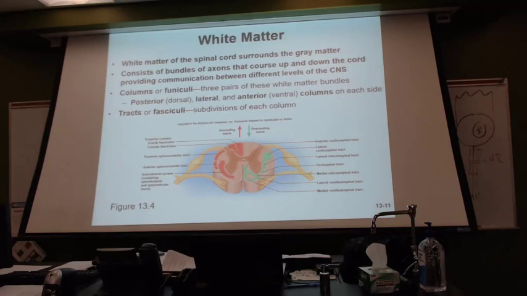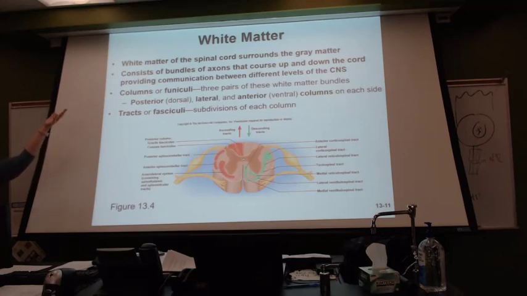So this is what it's like all the way up and down this entire spinal cord. That gray matter, the axons, and the white matter, and then everything eventually coming out as that spinal nerve that will be serving a certain area of the body. So they're termed, like we noted in the last slide, columns, or funiculi.